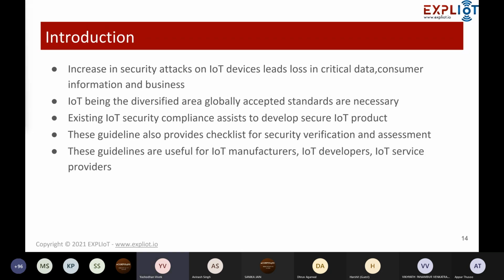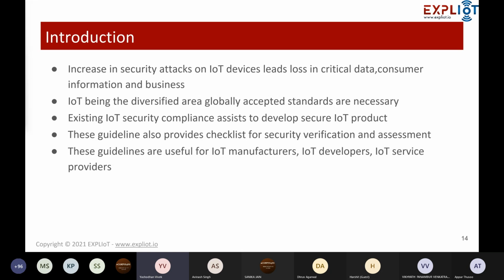Basically, these guidelines or standards come with certain verification and assessment checklists that one can follow to make sure your product is secure. Whether you are an IoT manufacturer, developing the hardware, or developing the firmware for the microcontroller, or even system integrators who collaborate with OEMs, which manufacture IoT devices, and eventually collect the data and integrate it through different software.